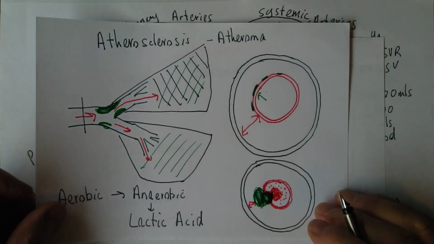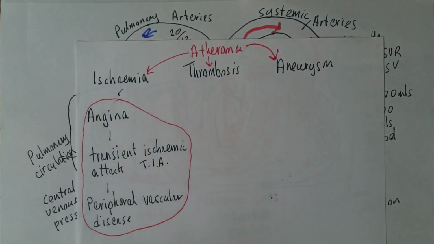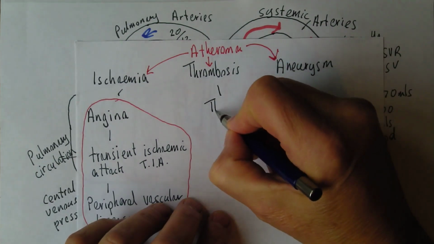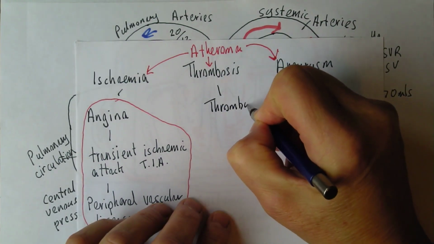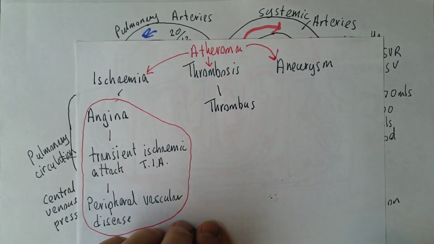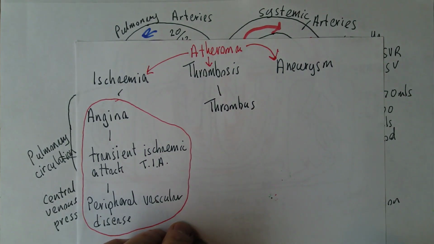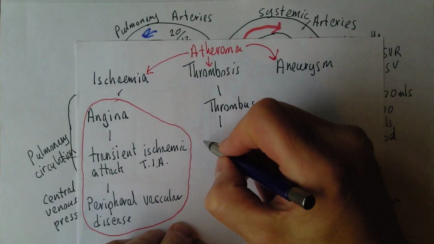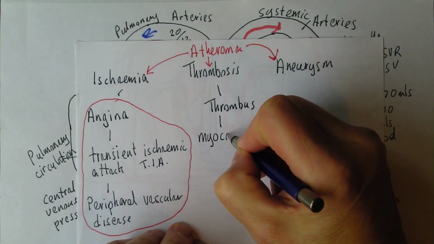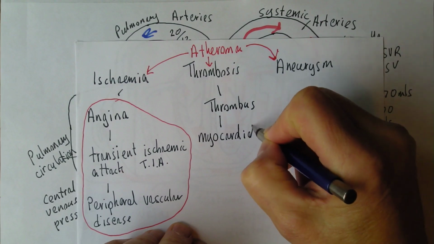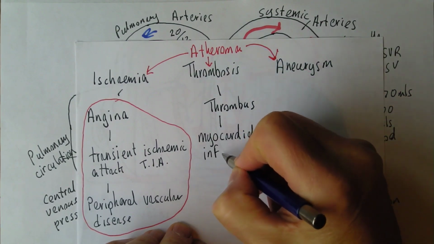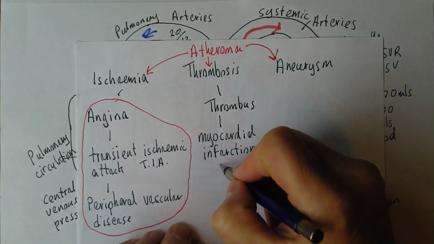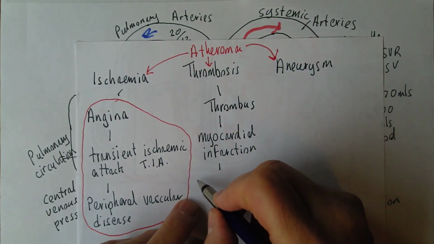A blood clot where there's not supposed to be one is called a thrombus. Of course, there's never supposed to be a blood clot within the lumen of an artery. And if that thrombus is in the coronary arteries, then that can lead to myocardial infarction, or cerebrovascular accident if it's in the cerebral vessels.